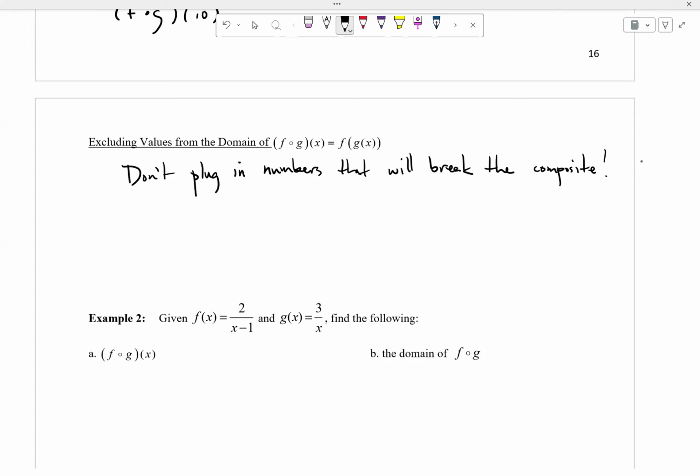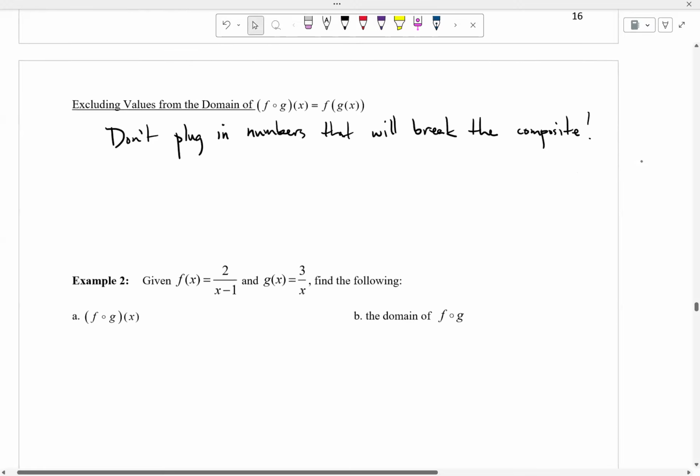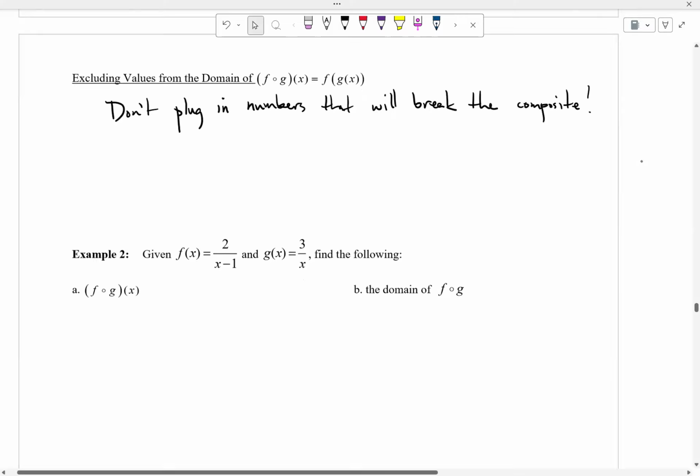Which seems kind of obvious for a domain, doesn't it? Just any number but numbers that will break it. Looking at example 2, there are two numbers that come to mind immediately, aren't there? The numbers are 1 and 0. But not too quick. It's not that easy, of course.